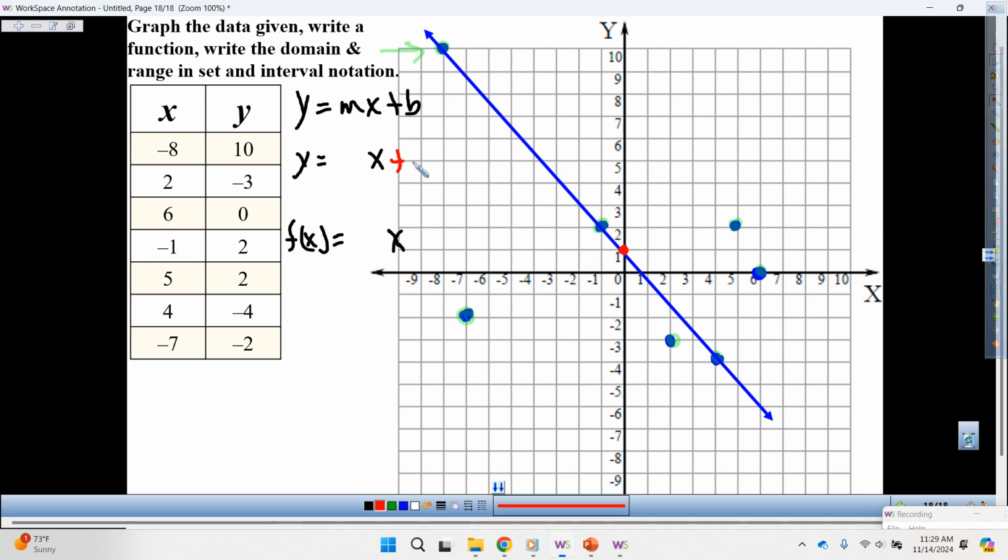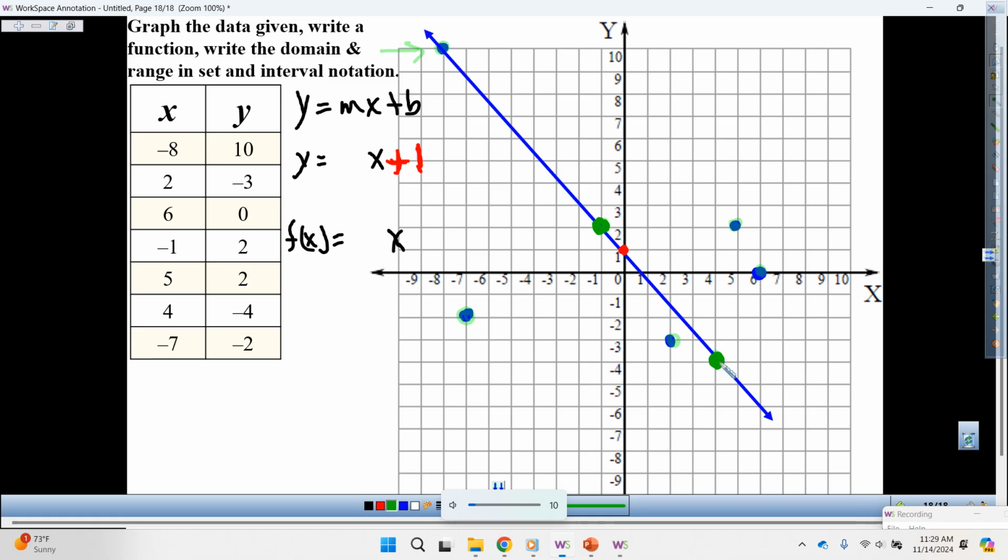That's fine. So plus 1. All right. So now I need to find the slope. Look up. I'm going to use this point and this point. So now we're using those 2 points. What is the slope or the rate of change of that line? Looks like Mario's got it. Very good, Mario.